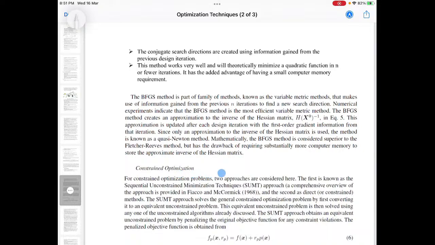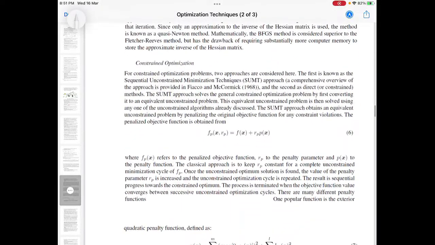Constraint optimization. For constraint optimization problems, two approaches are considered here. The first is known as the sequential unconstrained minimization technique, SUMT.